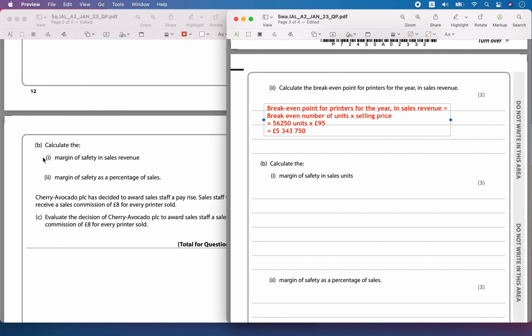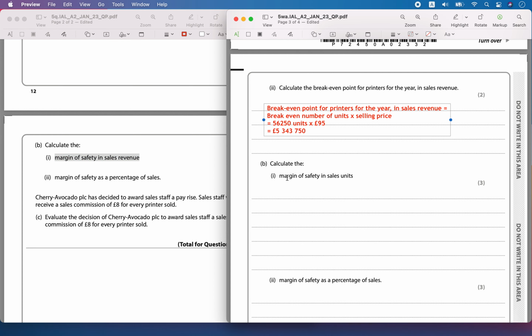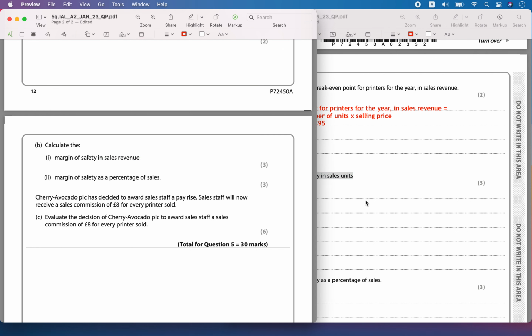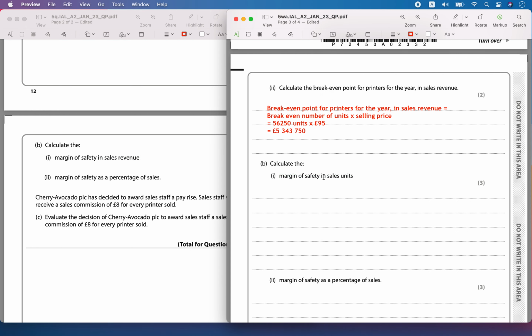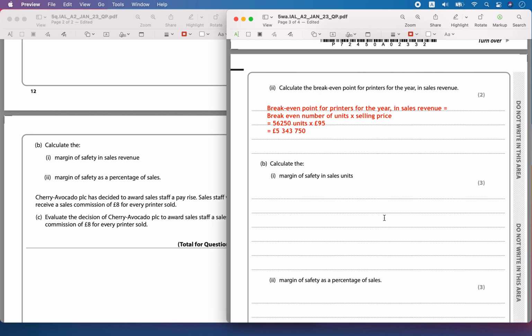Now the next part of the question, part B: calculate the margin of safety in terms of sales revenue. What is the margin of safety? It is the actual sales, in terms of sales revenue; here they have given in terms of sales units. So let's calculate both. First one is the margin of safety in terms of sales units.